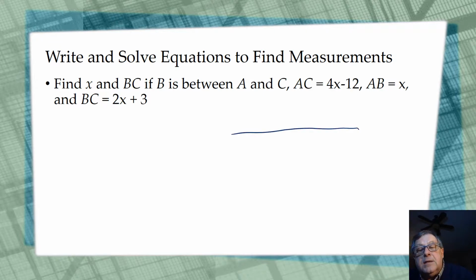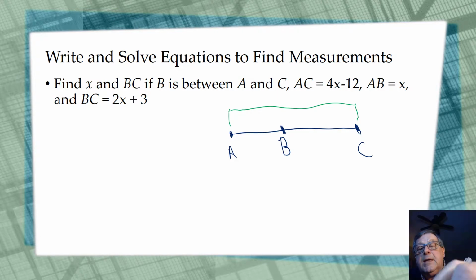So we've got a segment, and then we got a point here, A, and we got a point here on the end, C, and somewhere in between here is point B. All right, and then we're told that AC, this part, is equal to 4x minus 12.